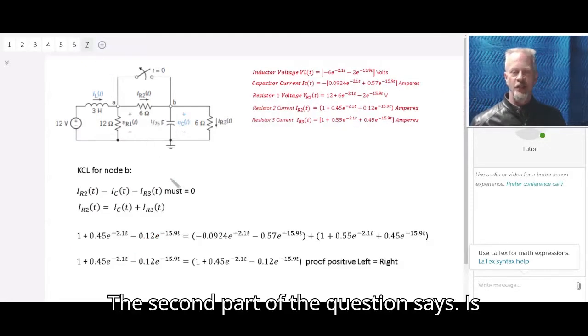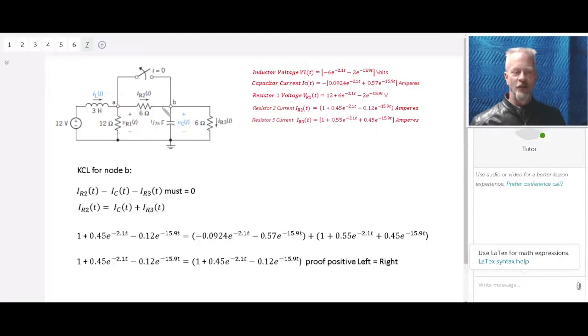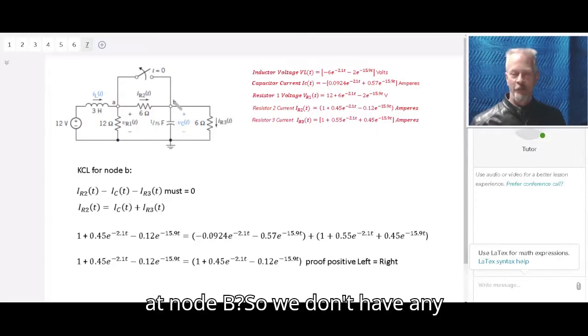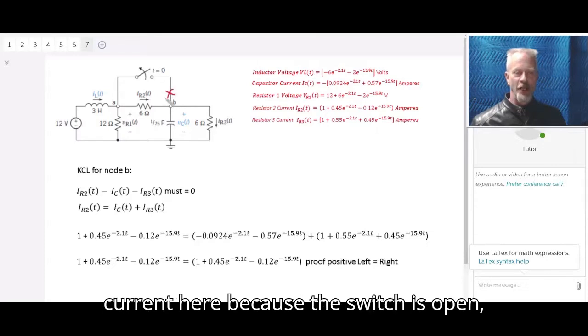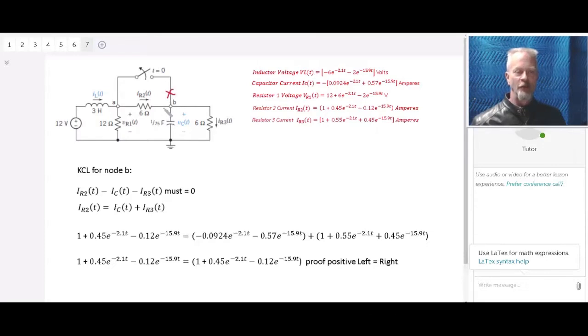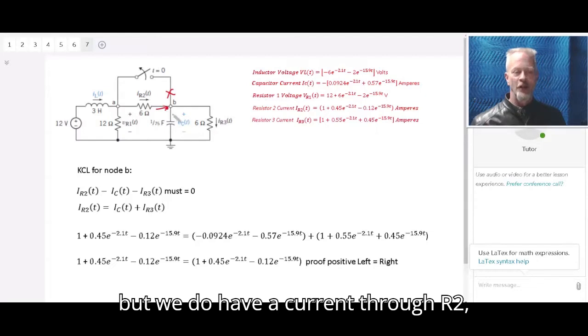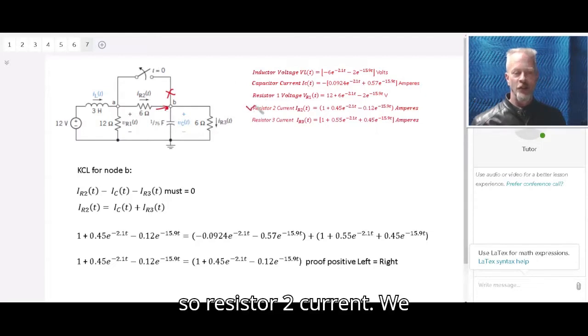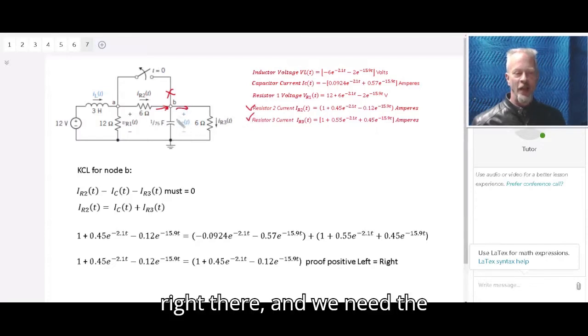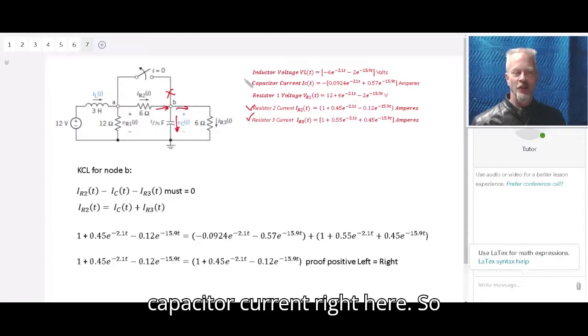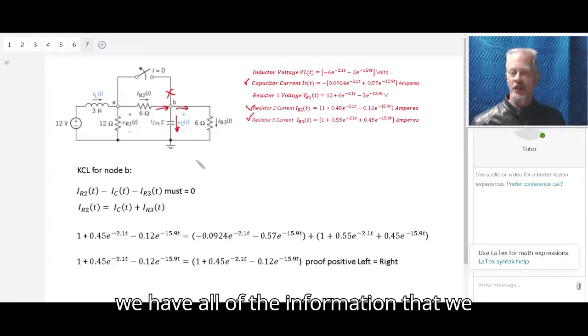The second part of the question says, is Kirchhoff's current law valid at node B? So we don't have any current here because the switch is open, but we do have a current through R2, so resistor 2 current. We need R3's current right there, and we need the capacitor current right here. So we have all of the information that we need.